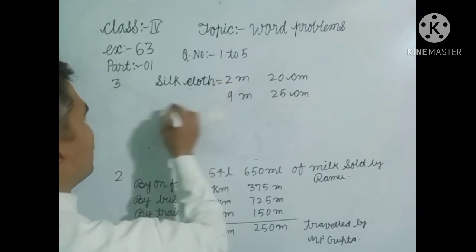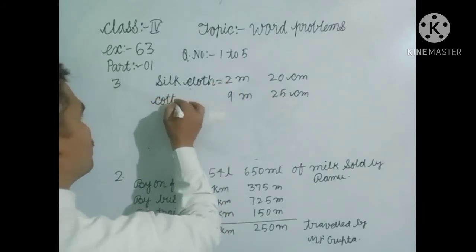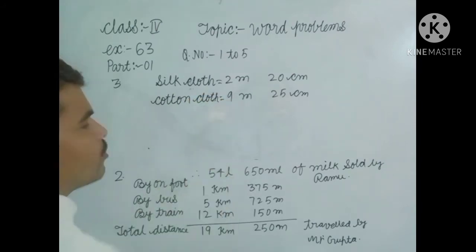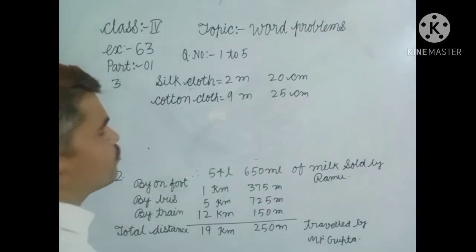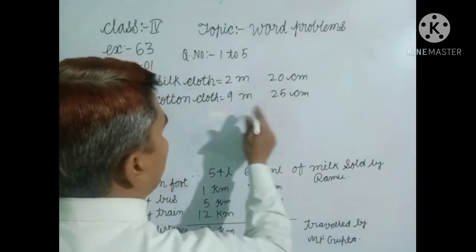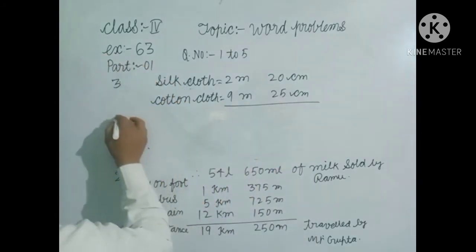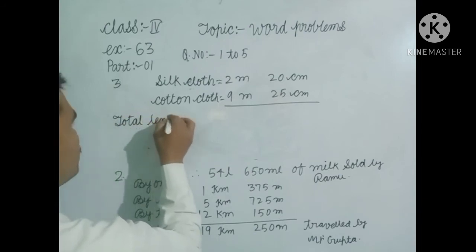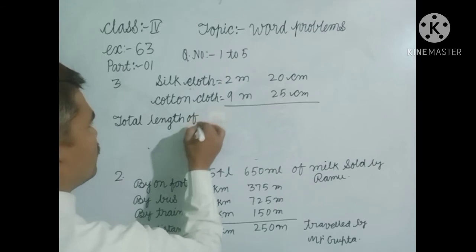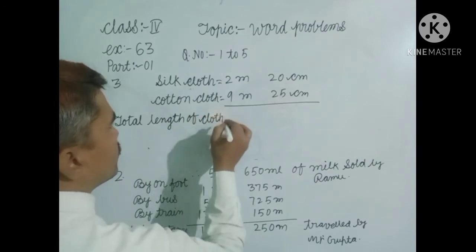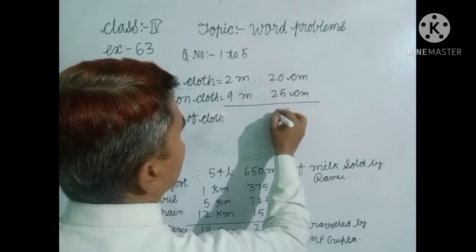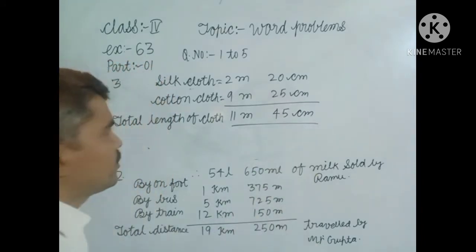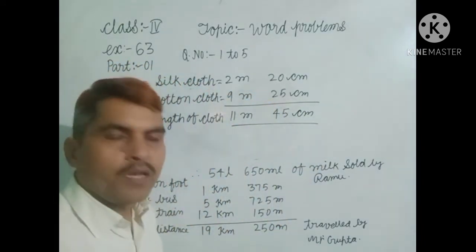Total length of cloth is equal to 5, 4, 11, that means 11 meters 45 centimeters, the total length of cloth bought by Lakshmi.